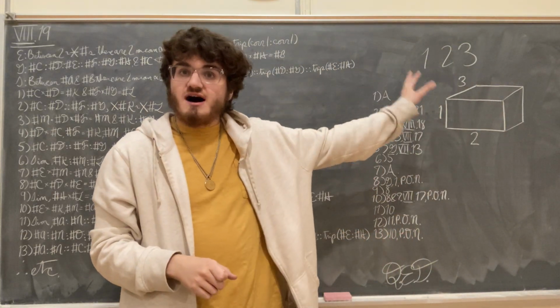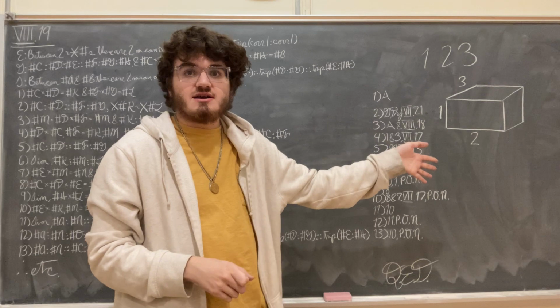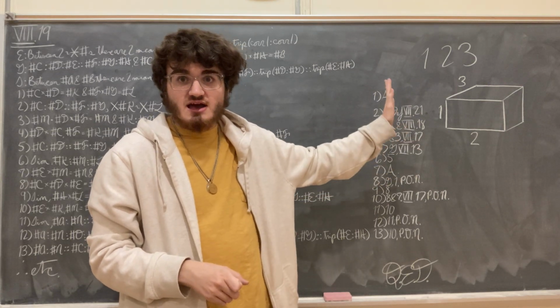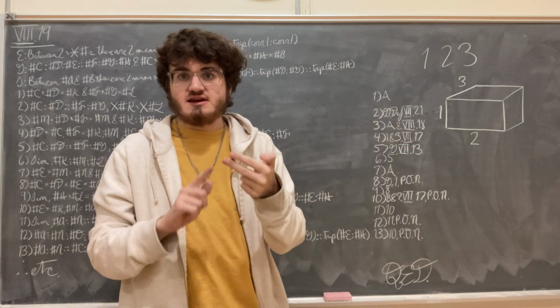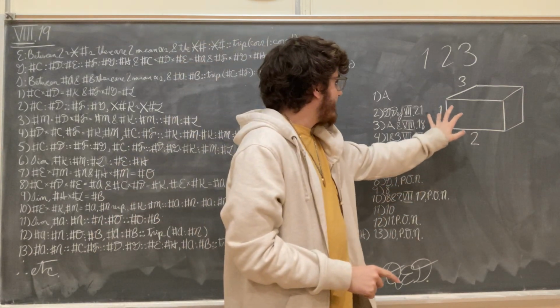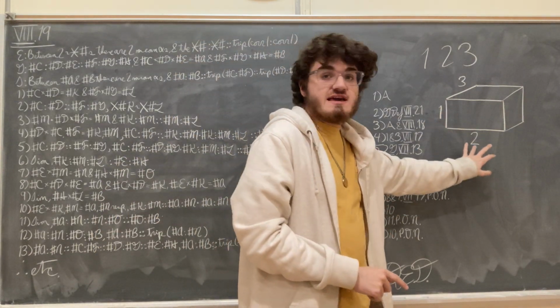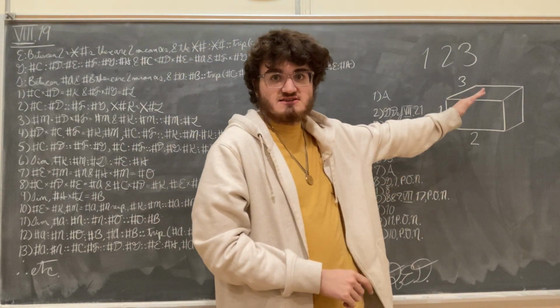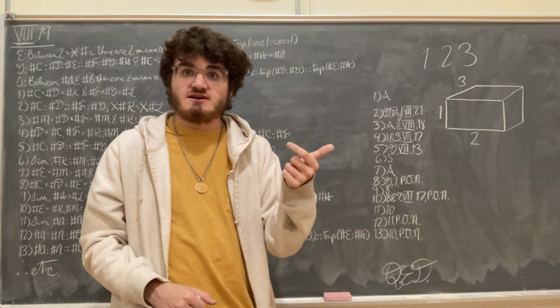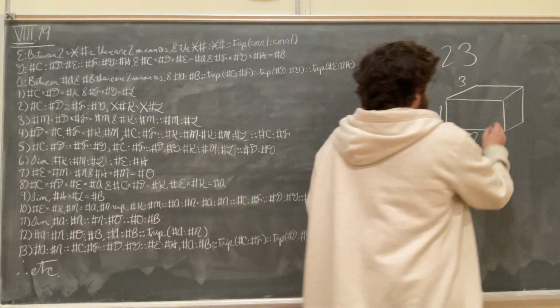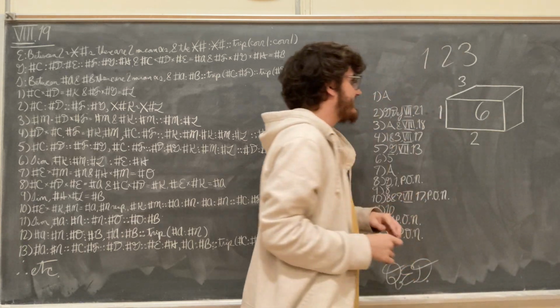Now, what is the volume of this solid? Well, it's just going to be the product of the length, the height, and the width. Our height is 1, our length is 2, and our width is 3. So we take the product of 1, 2, and 3. That'll be 6. So the volume of this solid is 6.